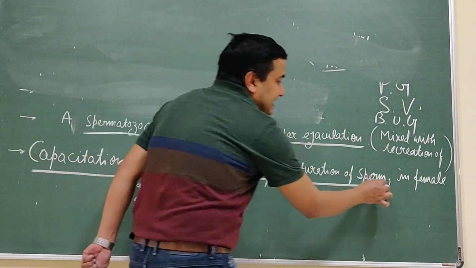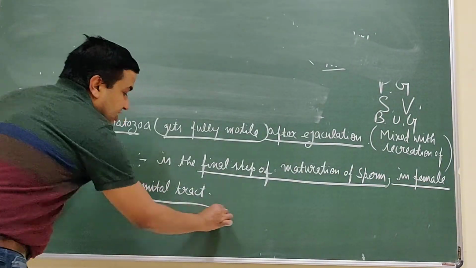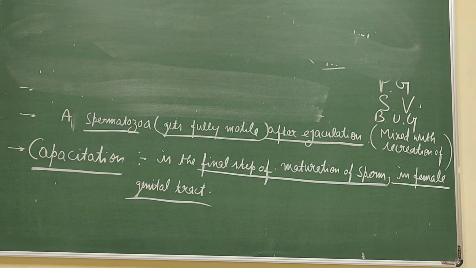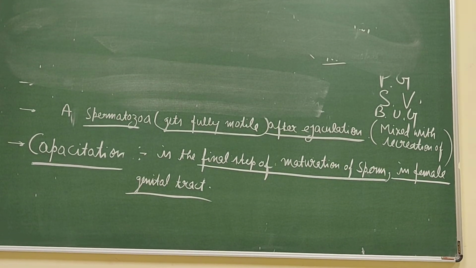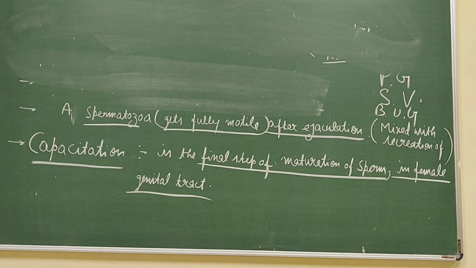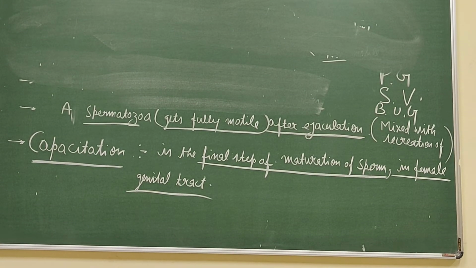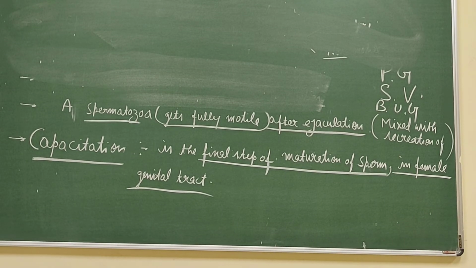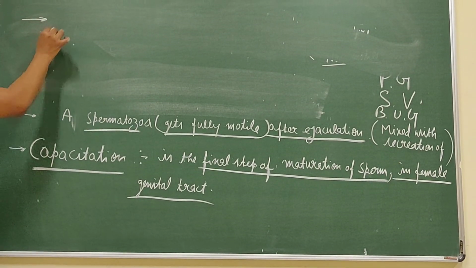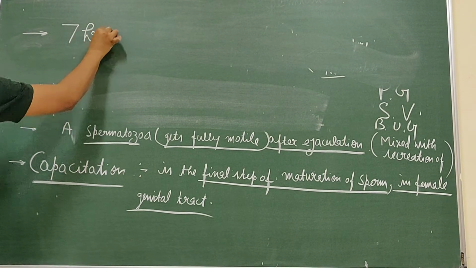It occurs in the female genital tract. In the female genital tract, when it mixes with the secretion of the uterus and the fallopian tube, it becomes fully mature. That sperm is known as the capacitated sperm, and it takes a duration of about 7 hours.